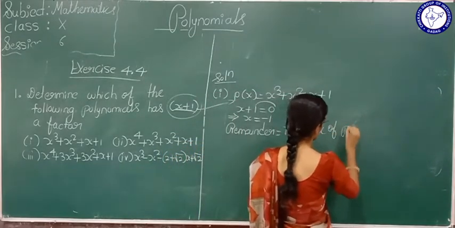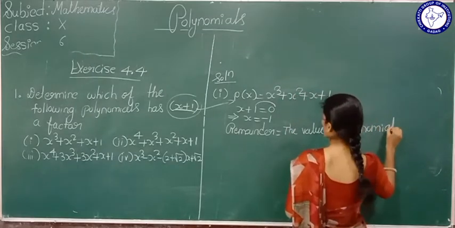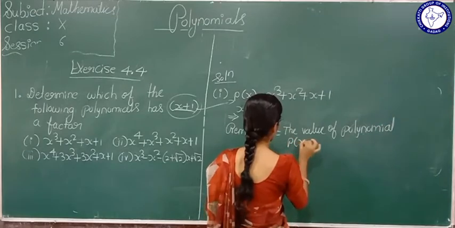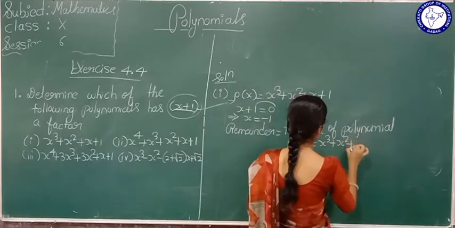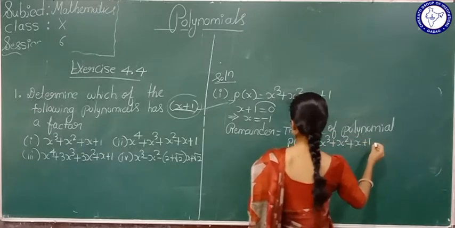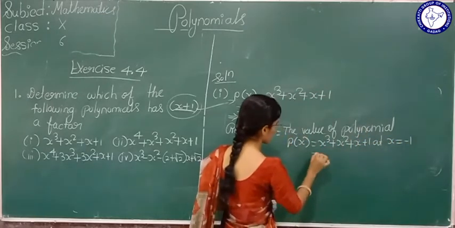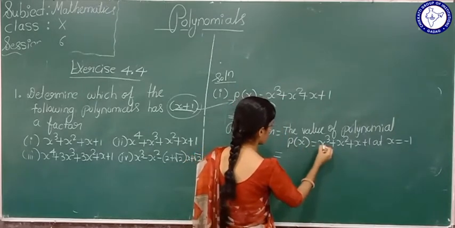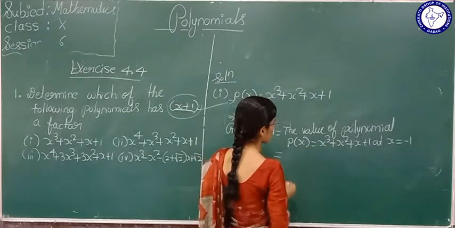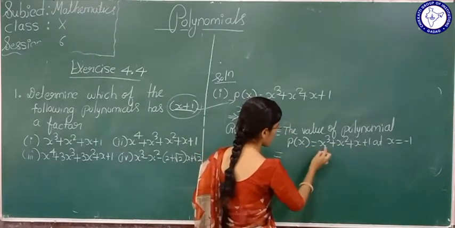the value of polynomial p of x, x cube plus x square plus x plus 1, at x is equal to minus 1. So what will happen? Put here minus 1.